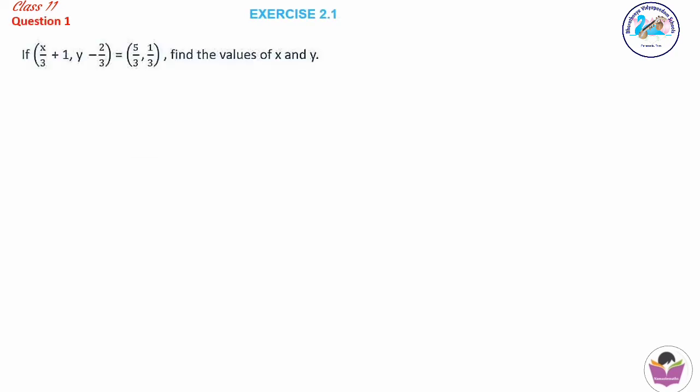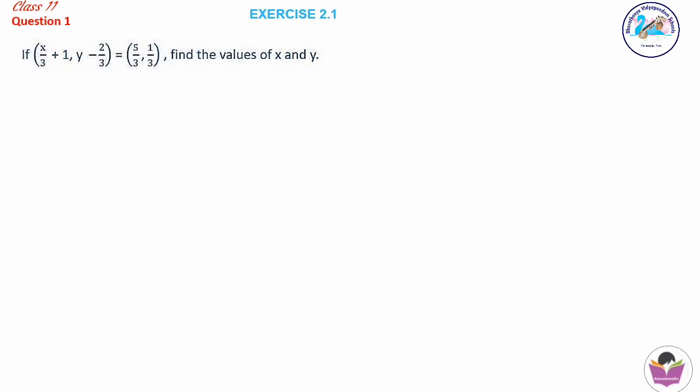Next we shall discuss the exercise questions. First question from exercise 2.1. If (x/3 + 1, y - 2/3) is equal to (5/3, 1/3), find the values of x and y. Here on the left hand side there is one ordered pair, and on the right hand side there is another ordered pair, and they say that these two ordered pairs are equal. We know that if two ordered pairs are equal, their corresponding elements are equal.